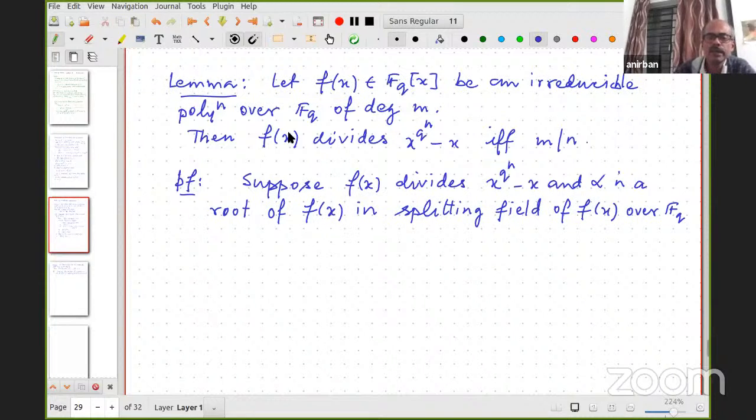So we are going from this direction to this. We want to prove that m divides n.